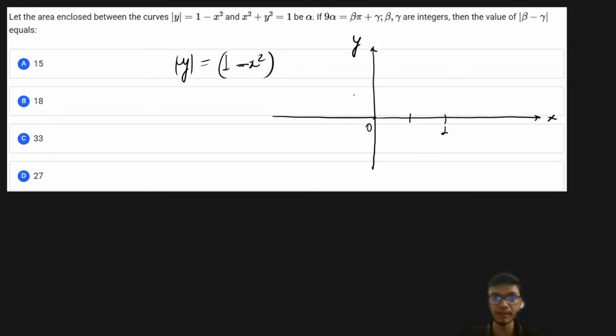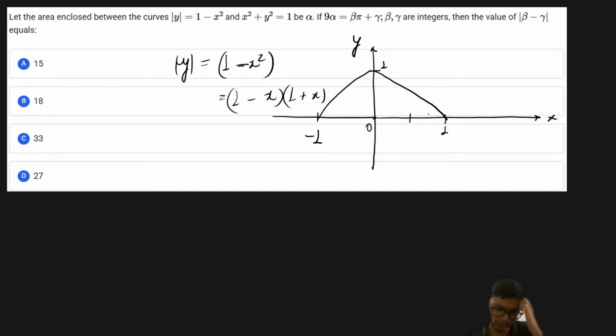Let me be very precise. 1 minus x squared is going to be 1 minus x into 1 plus x, so it has roots 1 and minus 1, and it is going to open downward. If you put 0, it is going to be 1, something like this. It's a parabola opening downward.